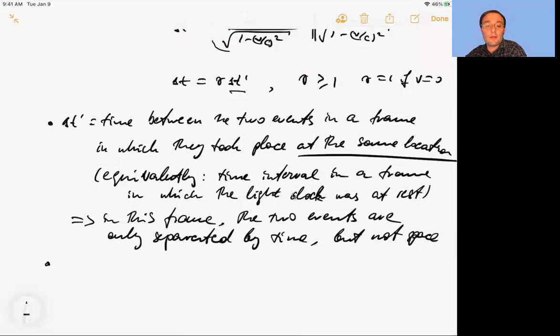Oh yeah, and while we're at it, there is an important term in relativity called proper time. The time interval between events that take place at the same location is called proper time.